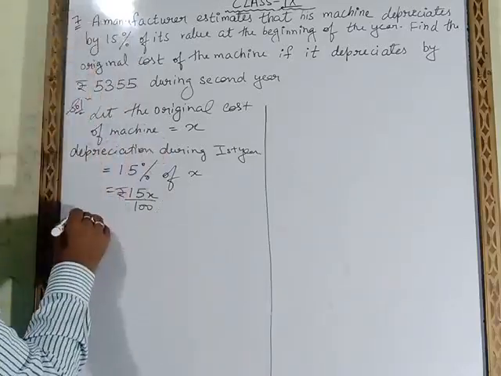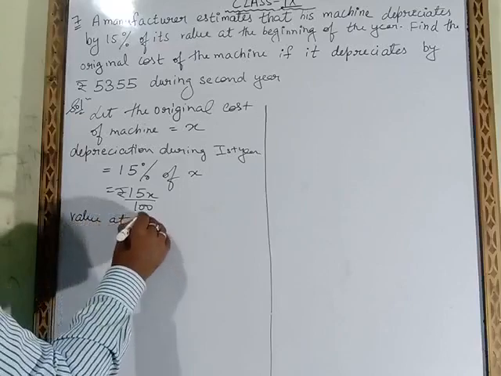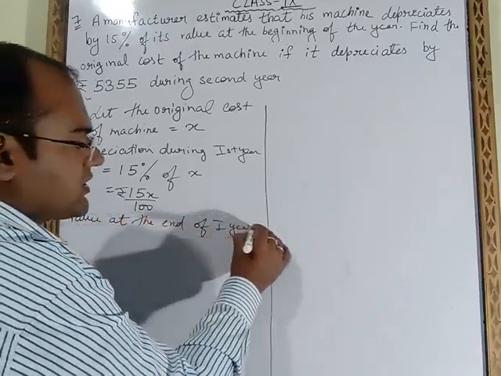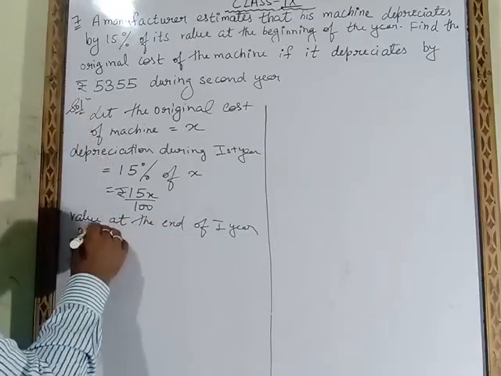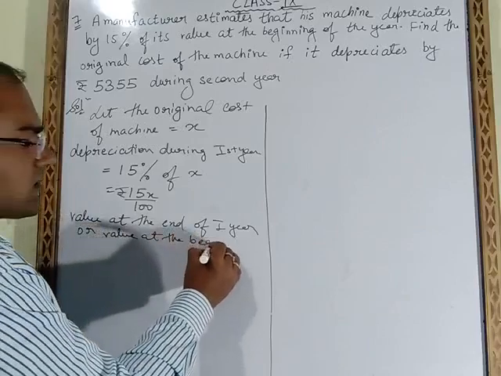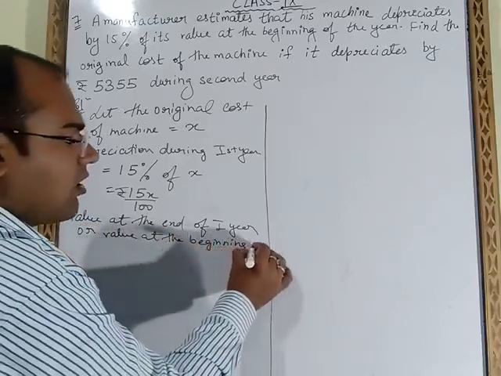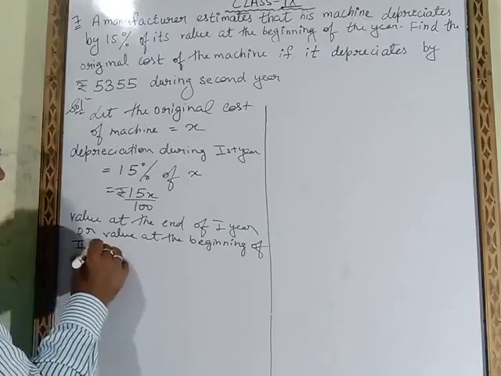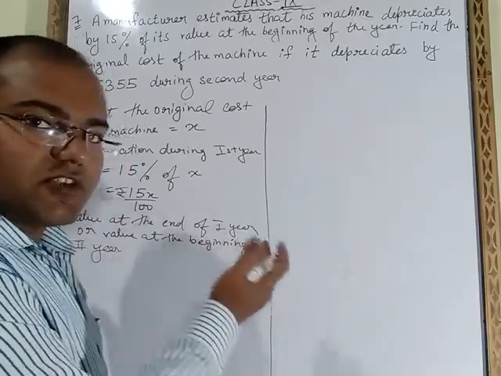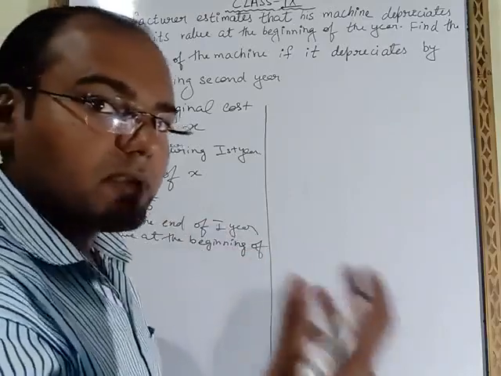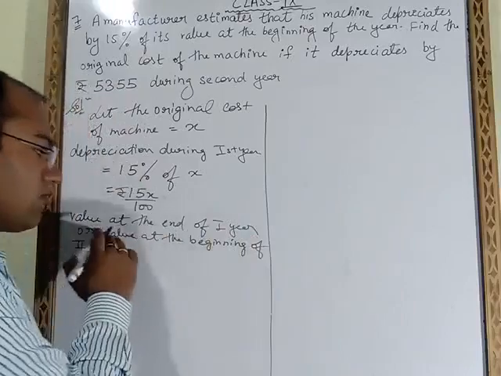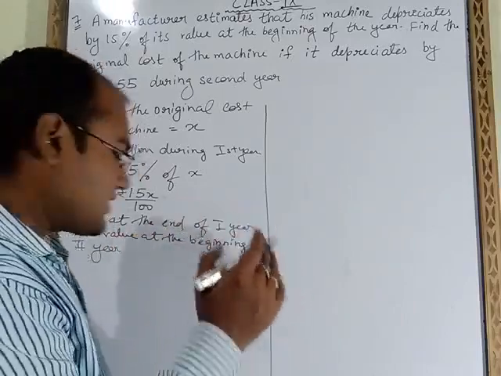So the value at the end of the first year, or you can say the value at the beginning of the second year, anything you can write. The value at the end of the first year will be equal to the value at the beginning of the second year.